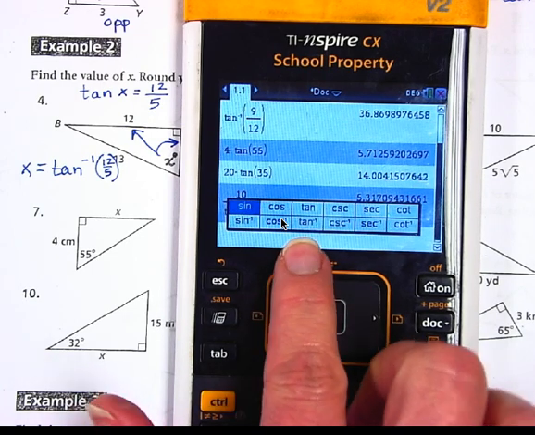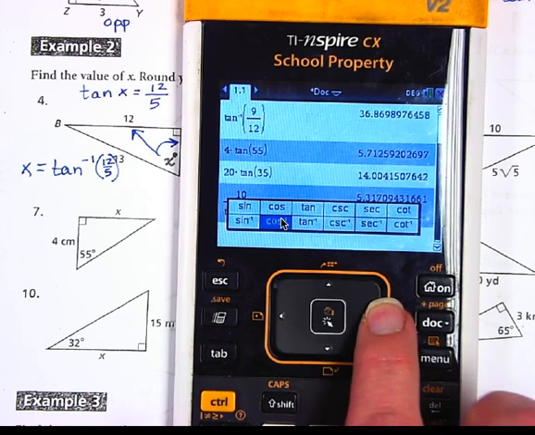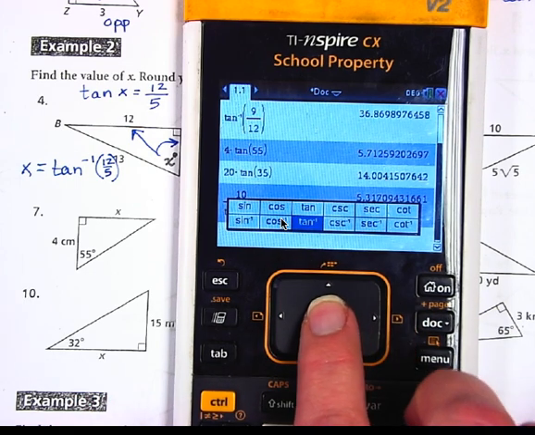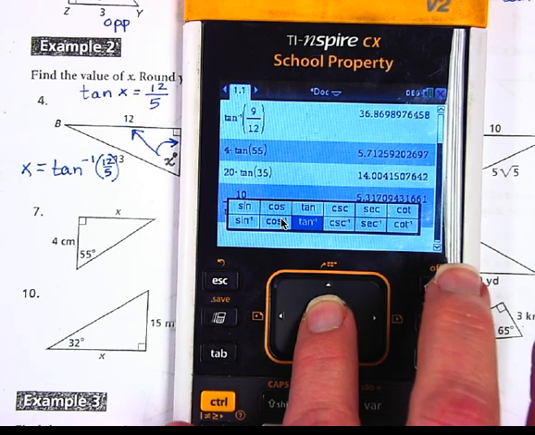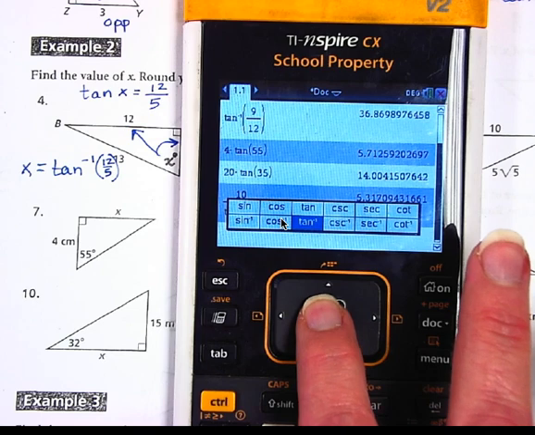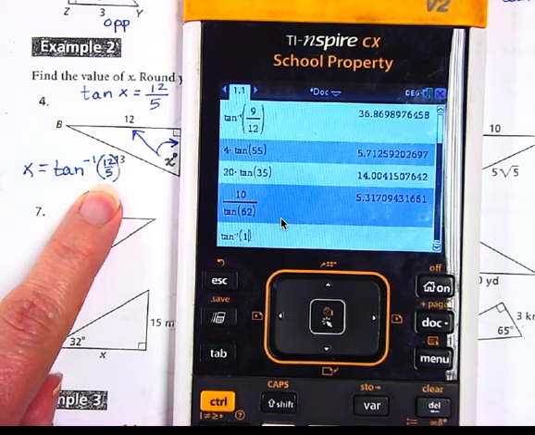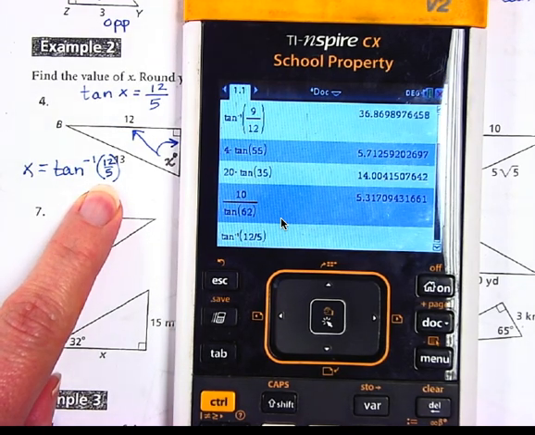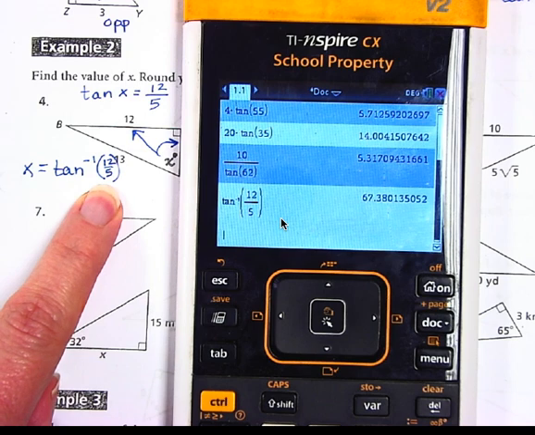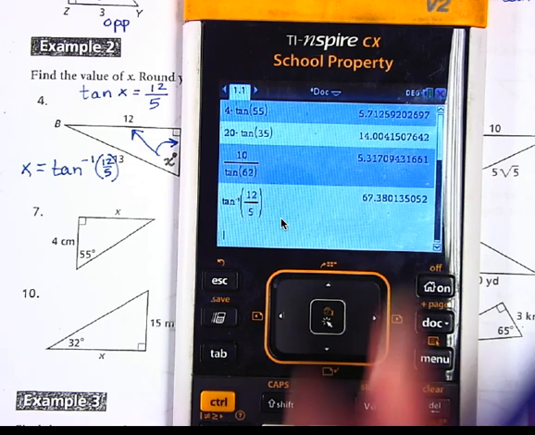And so we want to get inverse tangent, so you're going to go to the one that says tangent to the -1. Left of 7 is trig, and it brings up all the trig functions. Some calculators have separate buttons for sine, cosine, and tangent. This one has them all together. Okay, and then I'm just going to put the 12 divided by 5 in there. Oh, it's 67.380. All right, so 3 decimal rounding, 67.380.